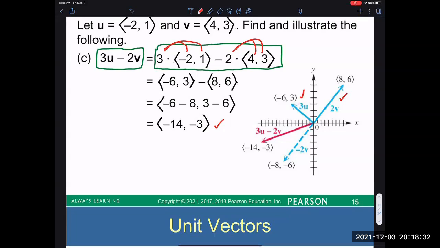And then we would take the opposite of 2v, since we want to subtract that, and that gives us this. And then we add the opposite of 2v to 3u by imagining a parallelogram here and drawing the diagonal, and we get the result of 3u minus 2v. And we can see that the place it ends up are the coordinates that we get when we do it algebraically up above, negative 14, negative 3.